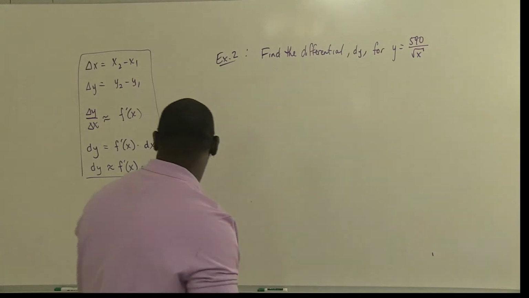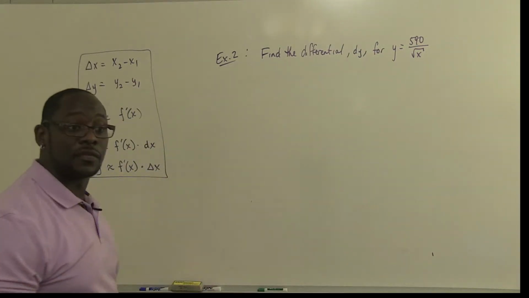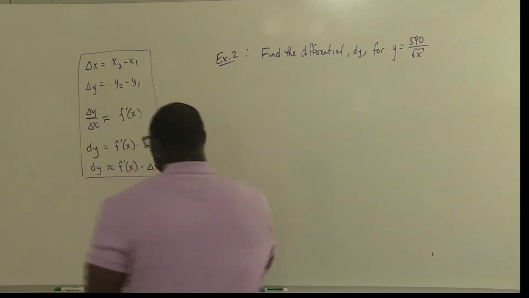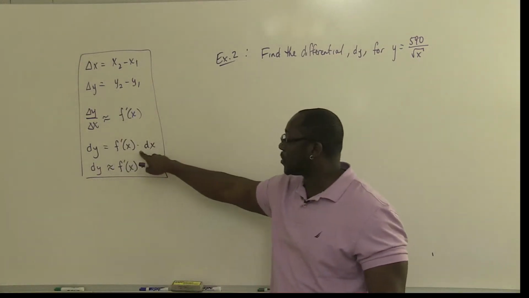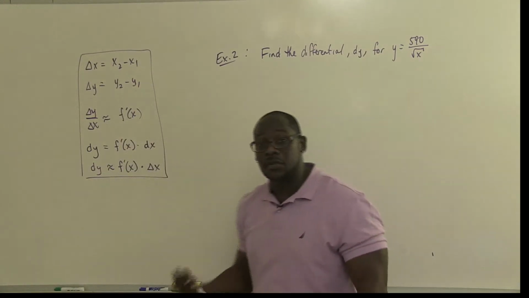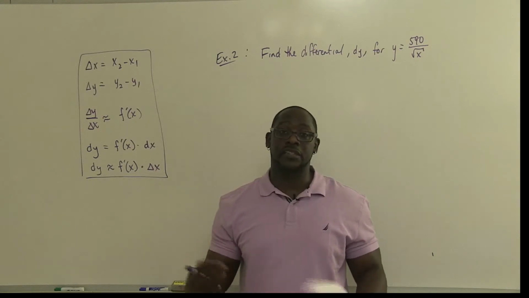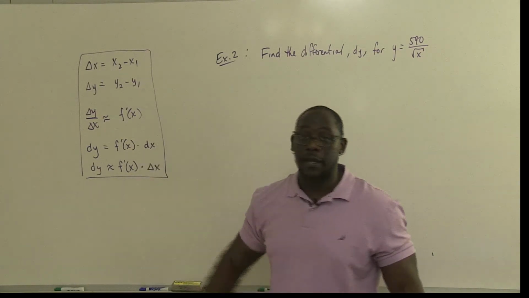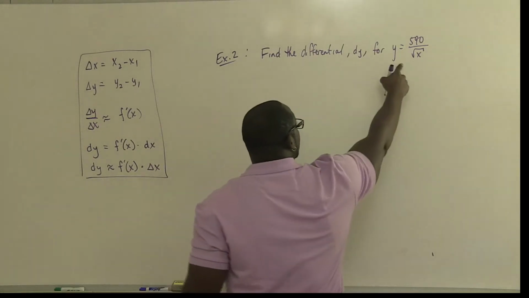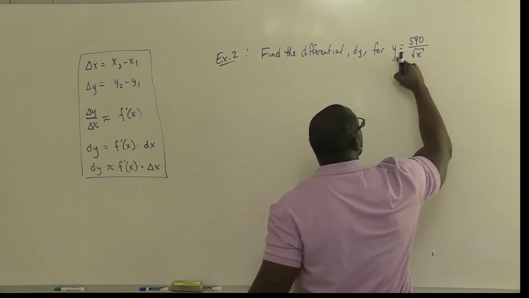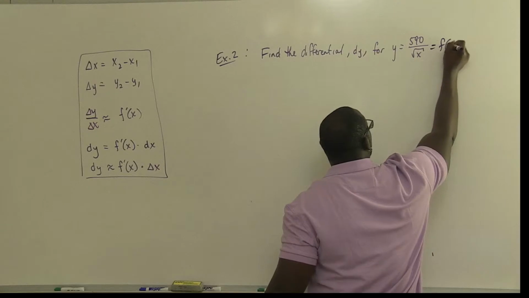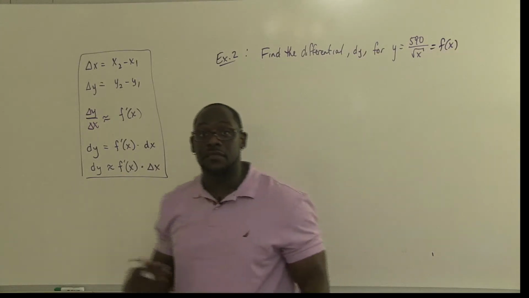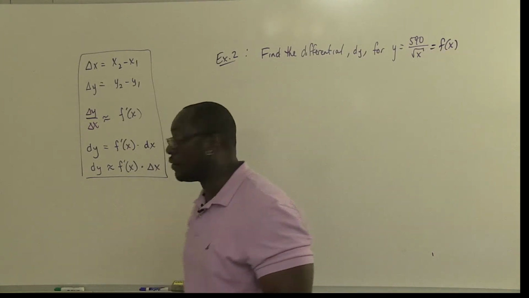As you see here, we know that the differential is equal to f prime of x times delta x. Since we're not given what delta x is, we just have to keep it in its infinitesimal form. So the first thing we need to do is know that y is going to be our f of x and find the derivative of f.